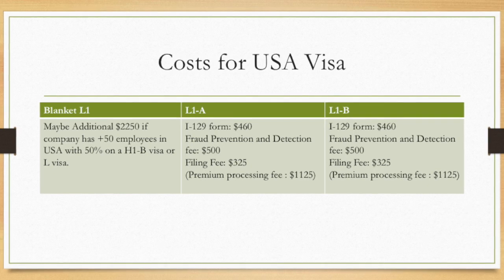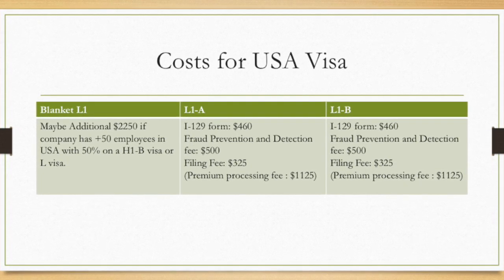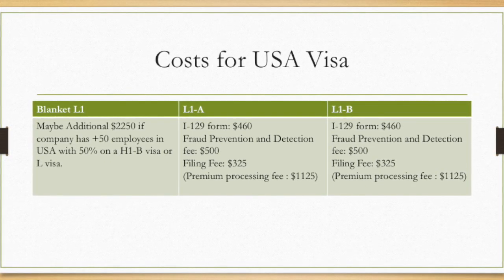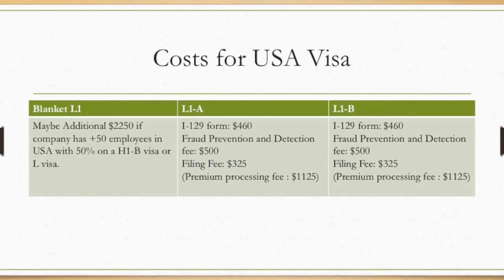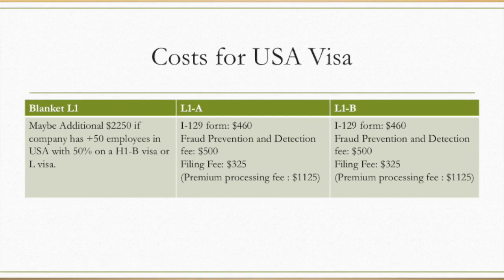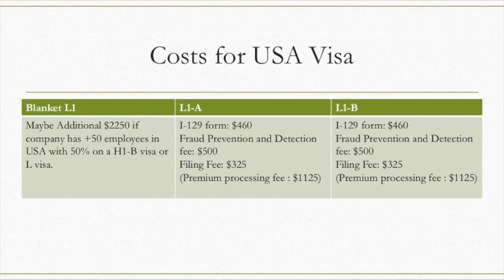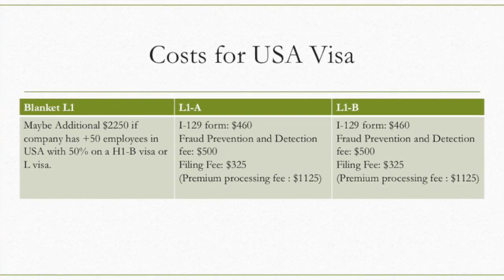In the blanket L1 visa, there is an additional $2,250. That is because the company has 50 or more employees on U.S. land, with 50% of them with the H-1B visa or the L-1 visa, so there will be additional costs.